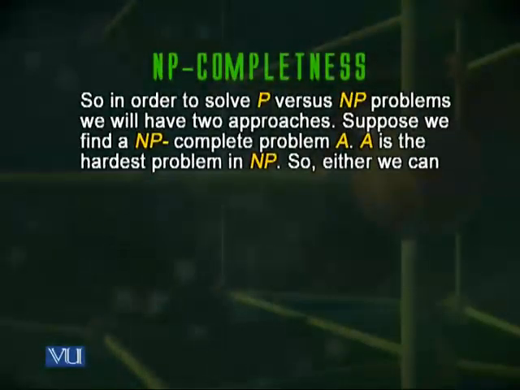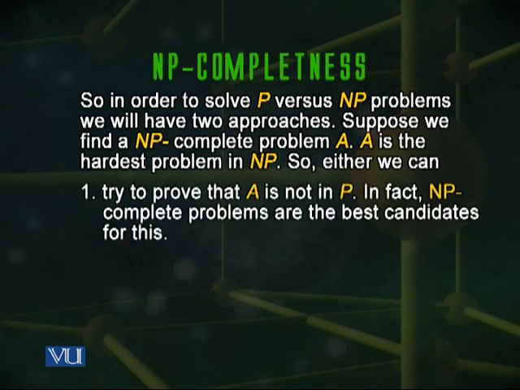So in order for us to solve the P versus NP problem, we will have two approaches provided we can find an NP-complete problem. Suppose we find an NP-complete problem A. Then we know that A is the hardest problem in NP. So either we can try to prove that A is not in the class P. In fact, NP-complete problems will be best candidates for this.